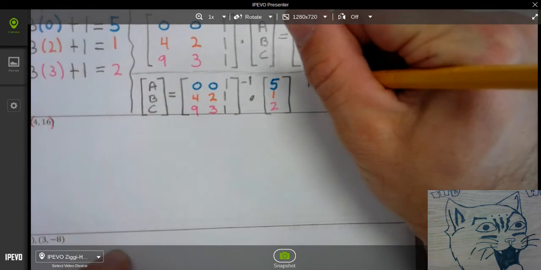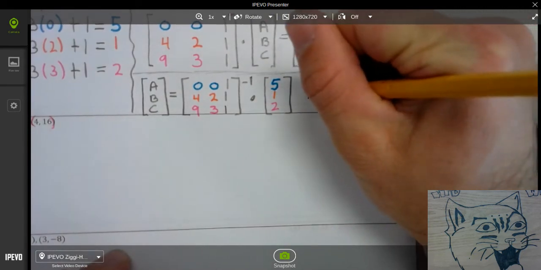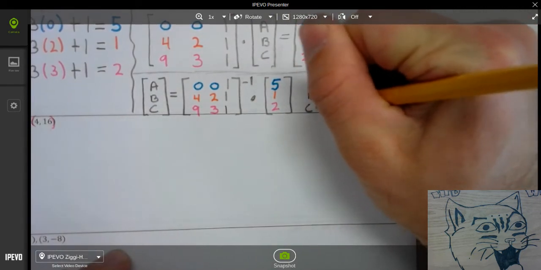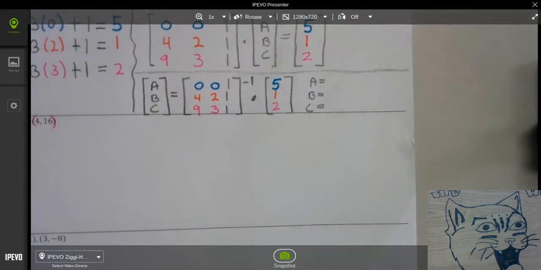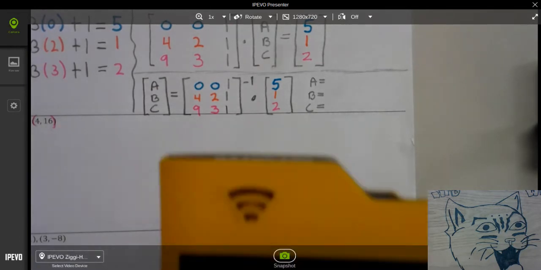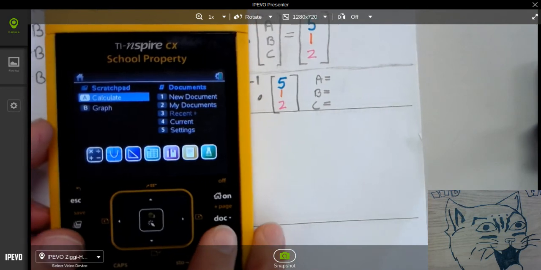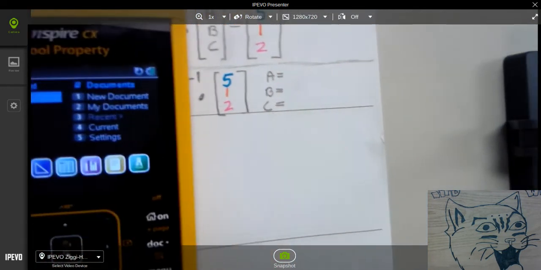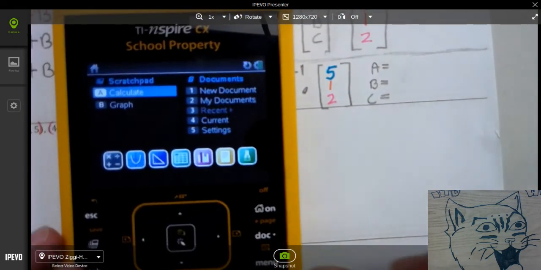So when you do that, you get a, b, and c. But we need to plug this into the calculator, so let's do that.